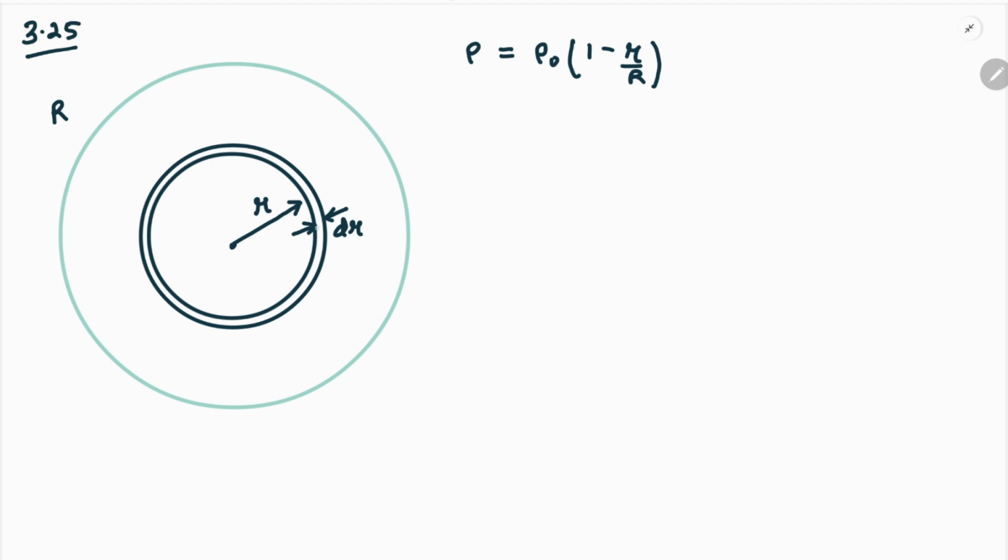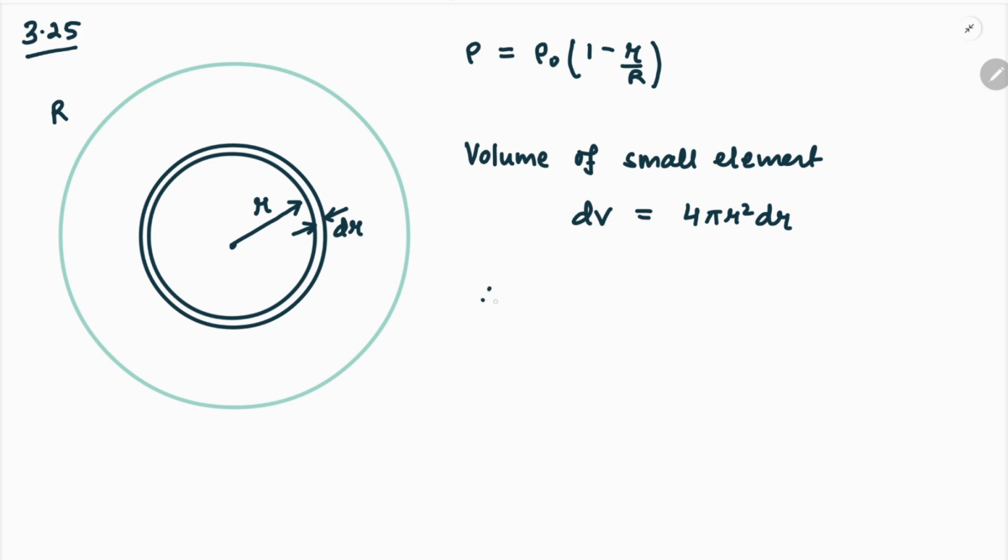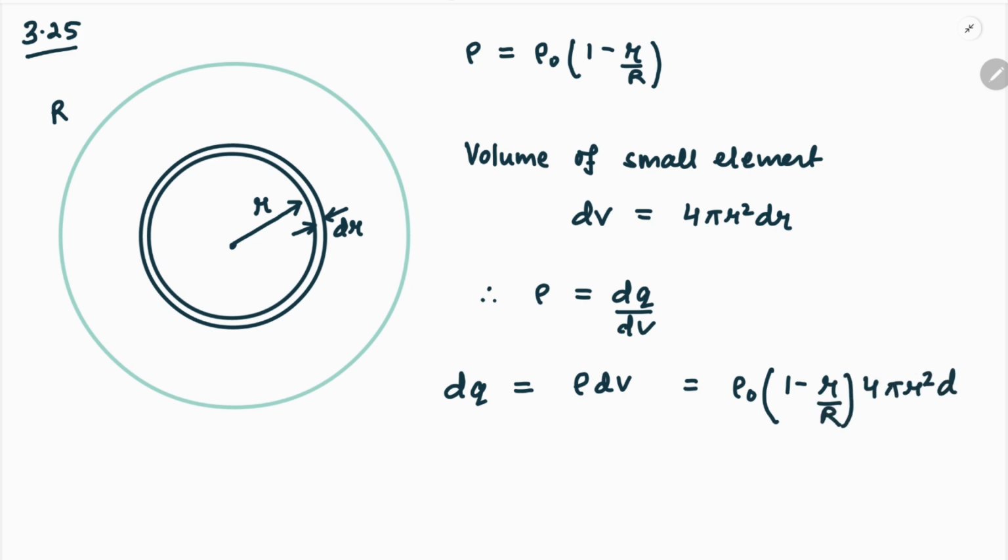So at a distance r, if we select the patch of thickness dr, the volume of a small element is dV equals 4 pi r squared dr. Since rho can be written as dq by dV, we obtain dq as rho times dV, which is equal to rho naught (1 minus r by R) 4 pi r squared dr. So this is the value of dq that we have.